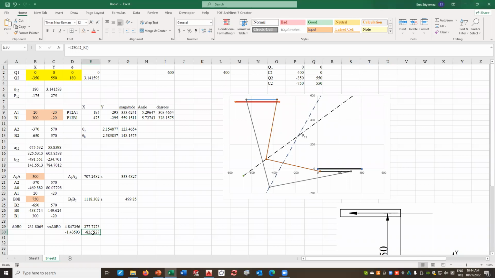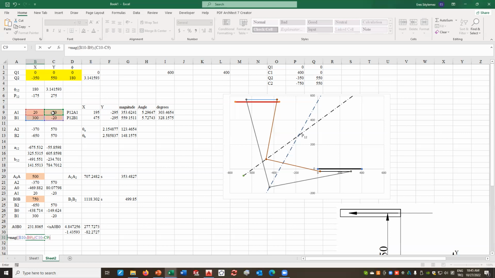Now I know the link lengths. Let me say AB length. I haven't calculated it, so same thing. Equal to magnitude, open parentheses, another parentheses, B1 minus A1, comma, B1 minus A1, comma.